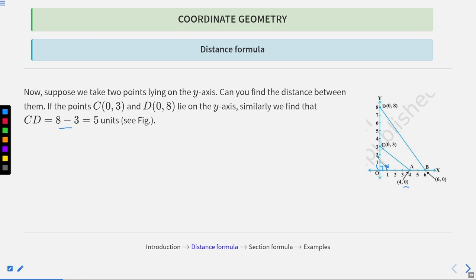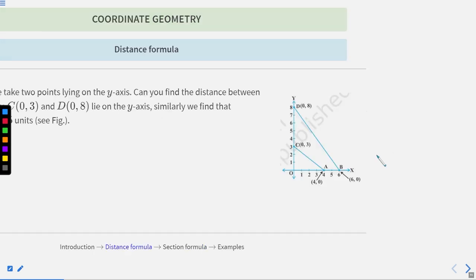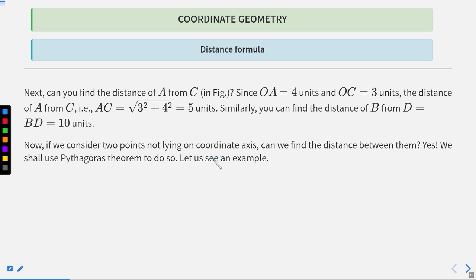Now if we use Pythagoras theorem, the distance of A and C is equal to the square root of OA square plus OC square, that is the square root of 4 square plus 3 square, which is the square root of 16 plus 9, that is the square root of 25, equal to 5 units.